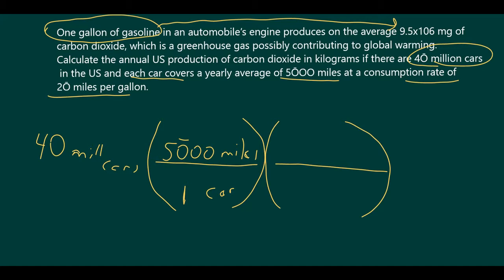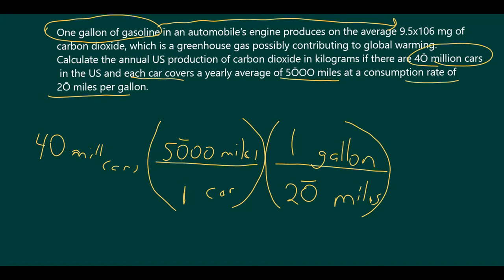Well, of course, we're not done yet, so we need to keep going here, more factor label. I have miles as my unit out on top here, so automatically that's got to be my no-brainer step on the bottom to put miles as my unit down here, because that needs to cancel out. And then, what do I know about miles? Well, I know that every 20 miles that we drive consumes about 1 gallon of gasoline.